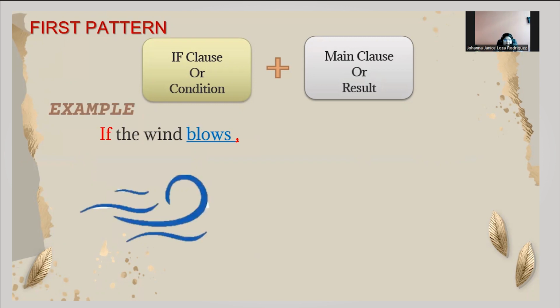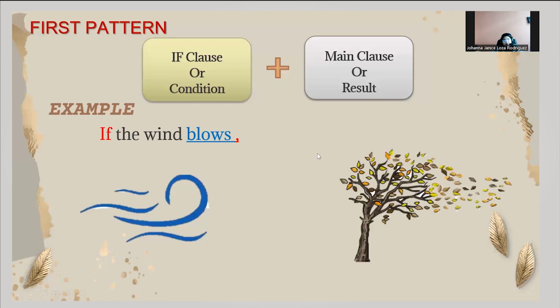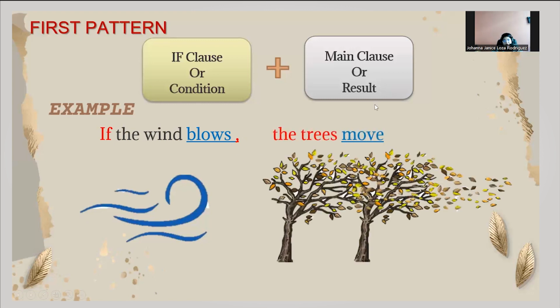This sentence is a condition because it starts with if plus a sentence in simple present. Wind is one thing, blows, no? If the wind blows, comma, now I need to write the main clause or the result. What is the result of this condition?